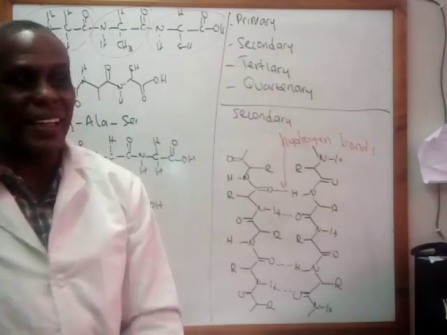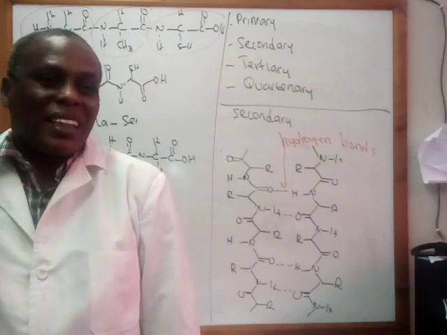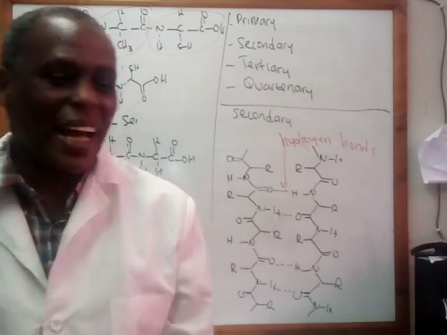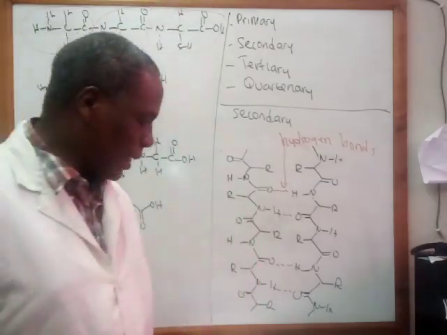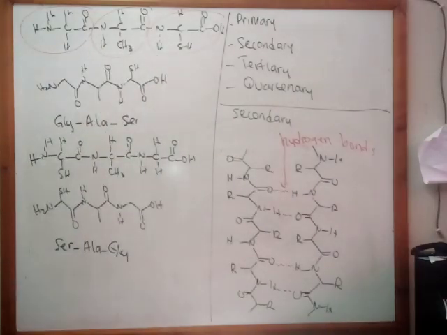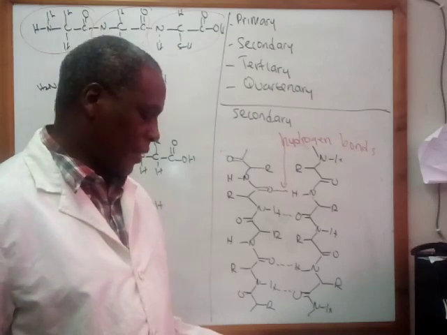It gives the tertiary structure of the protein. So the tertiary structure of the protein is the complete structure, and what scientists have done is try to use visualization programs, which you're going to see in your notes.